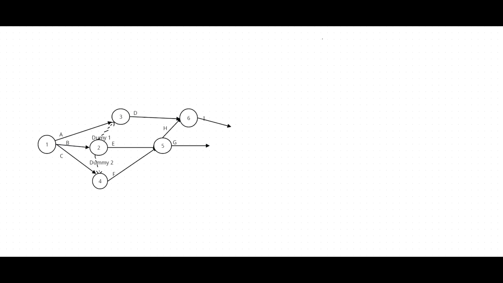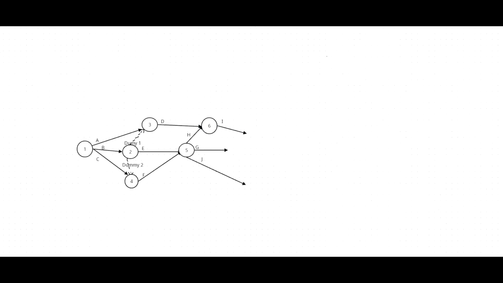What is the next? J, after completing E and F. The J. Next one, K: G, I, J. We have G, I, J. The problem now is that G and J start in the fifth event, the same event.